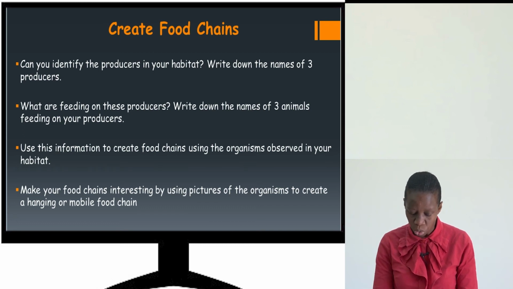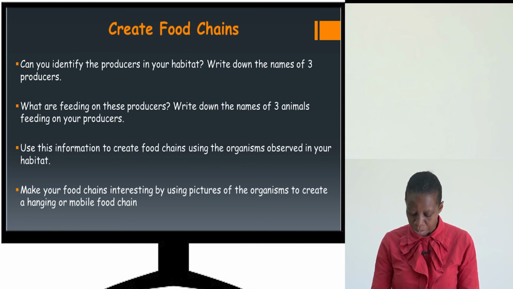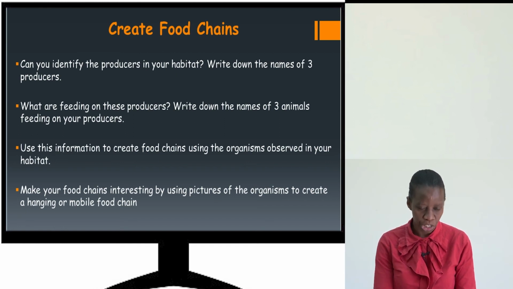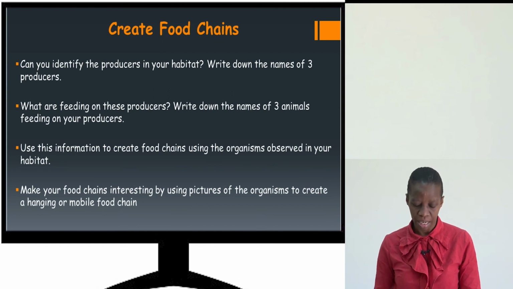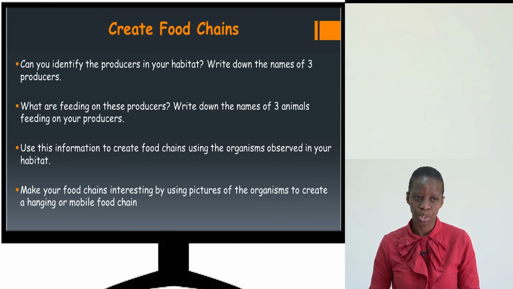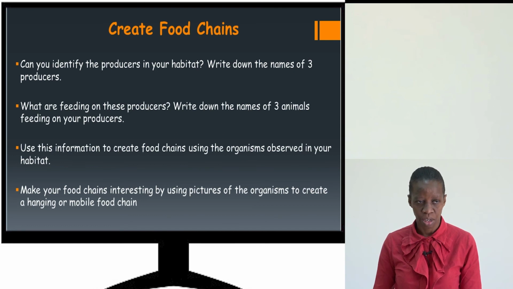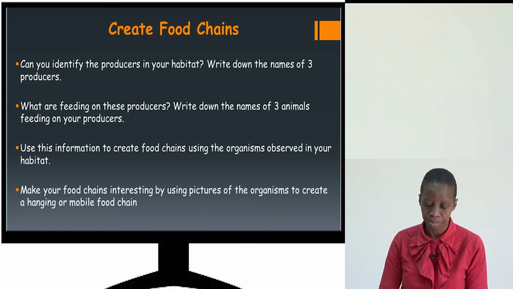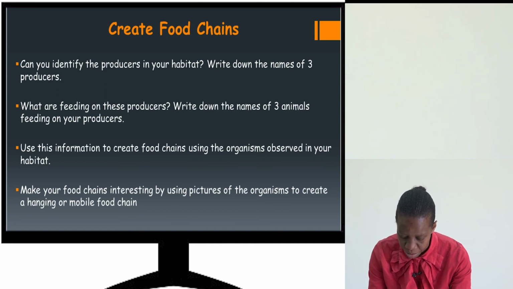Instead of having just the words, you could have a picture of a locust, picture of a rice plant, picture of a bird, picture of a man, and that is your food chain. And then you try, of course, to hang these food chains all around you to make your mobile food chain. Good, and that is how we would try to use that information.